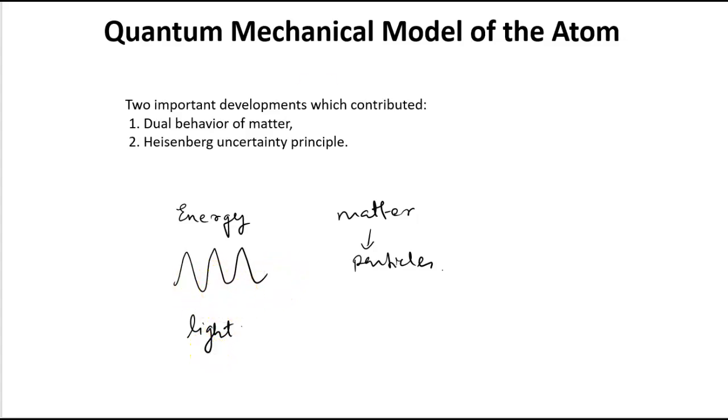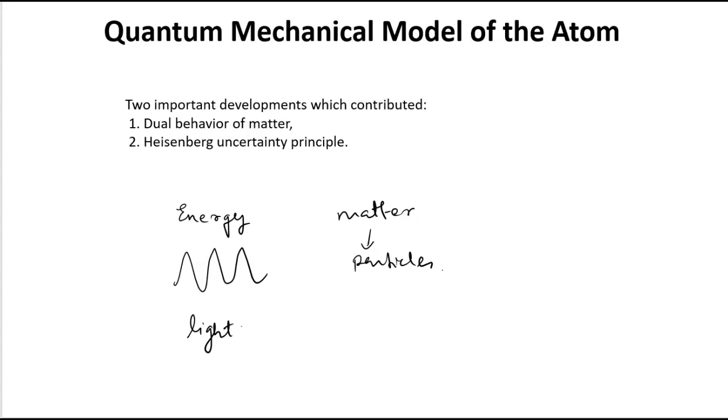But later on there were certain phenomena shown by light that cannot be explained if we consider light only as a wave. These phenomena indicated the particle nature of light as well. This is where the dual behavior of light first came into existence.